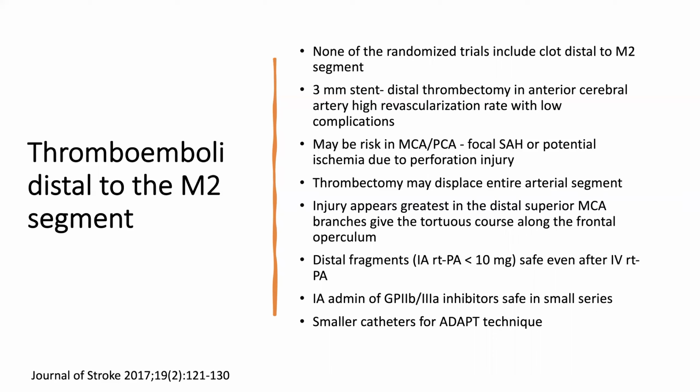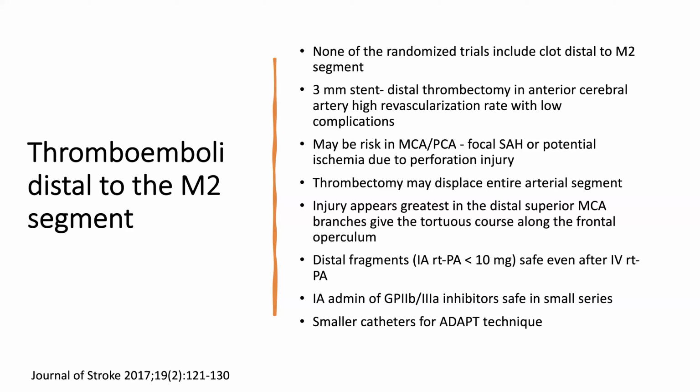I think if you're going out farther in the MCA or PCA, like in the insula, there's a lot more tortuosity. So I think with a stent retriever, you're more likely to cause focal subarachnoid hemorrhage, or you can get ischemia or perforation injury.